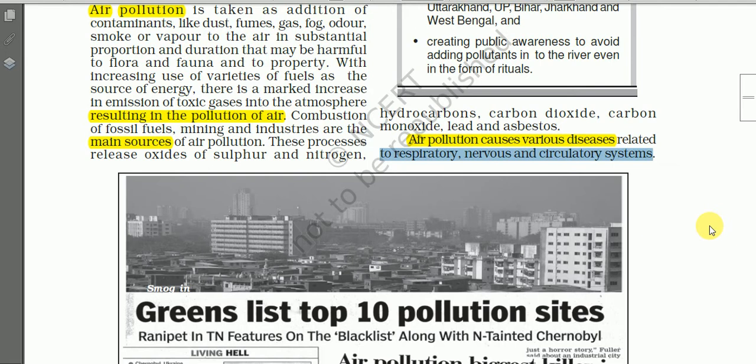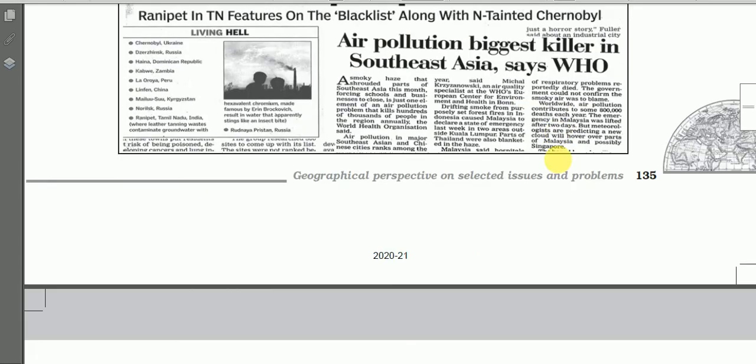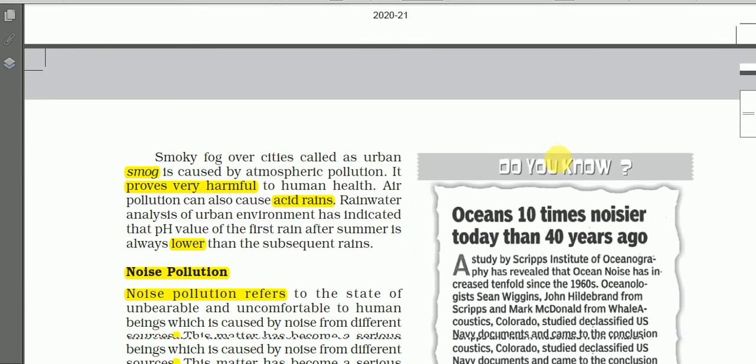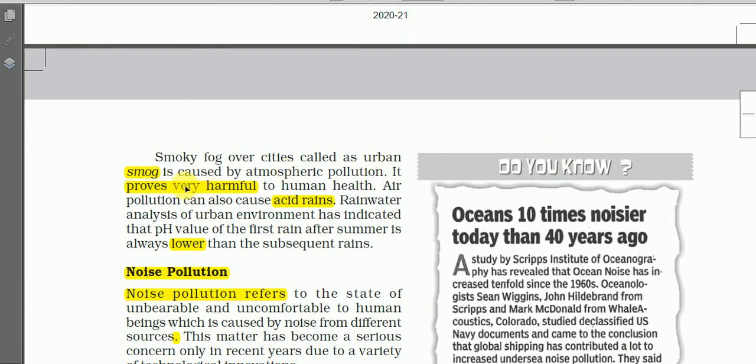Respiratory means related to the lungs and their tracts, then the nervous system and the circulatory system. So these are important effects of air pollution. We have more effects, environmental effects. That was about effects on human health.